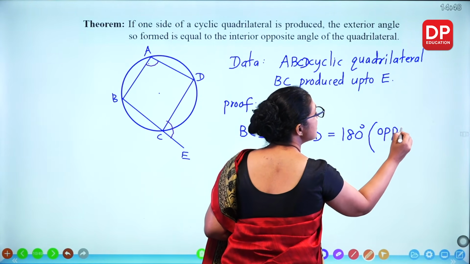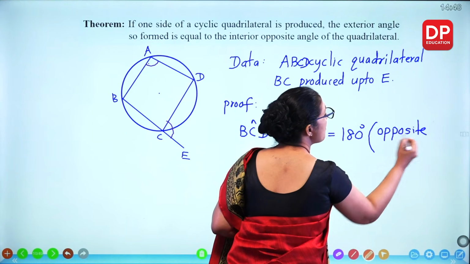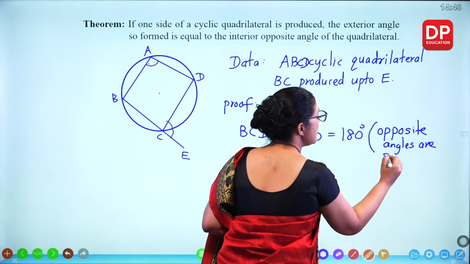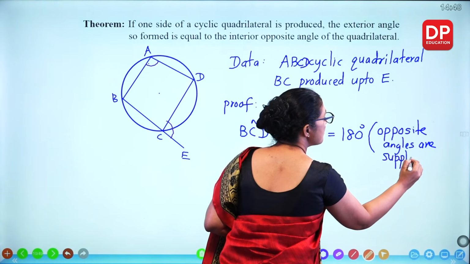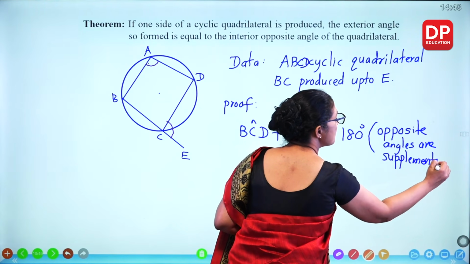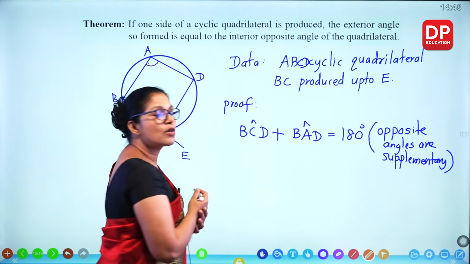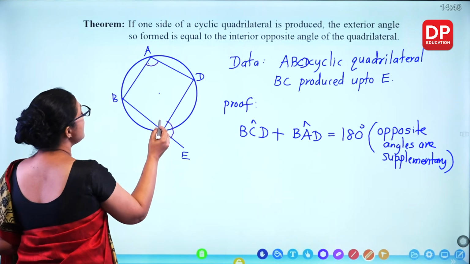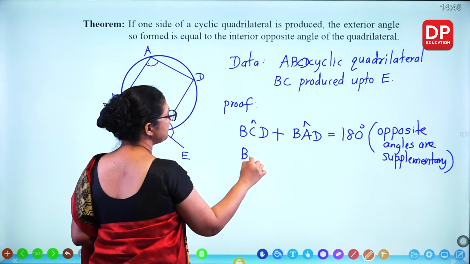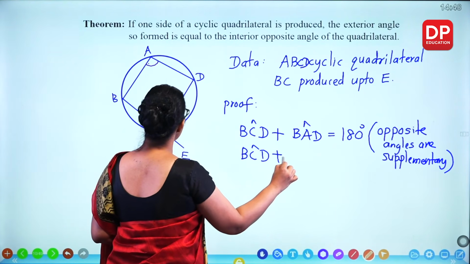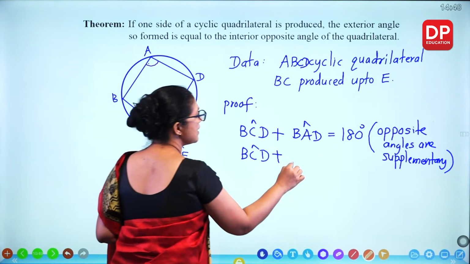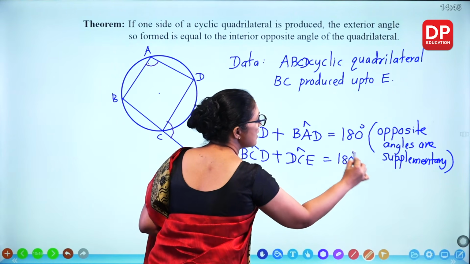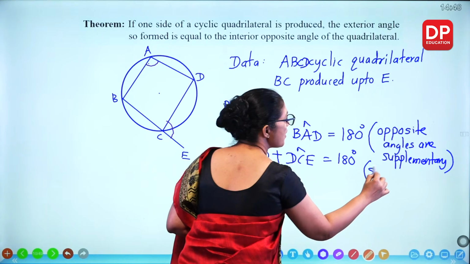Opposite angles are supplementary in a cyclic quadrilateral. And also, we know BCD plus DCE is 180 according to the straight angle.